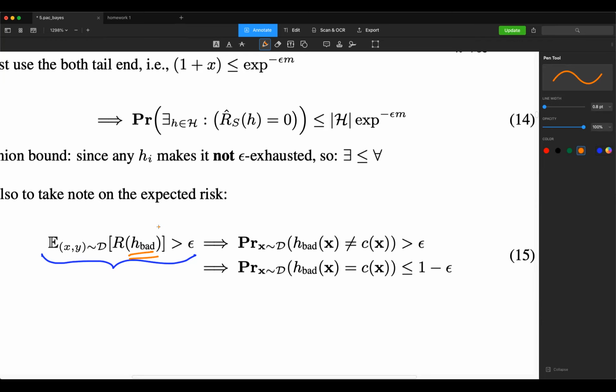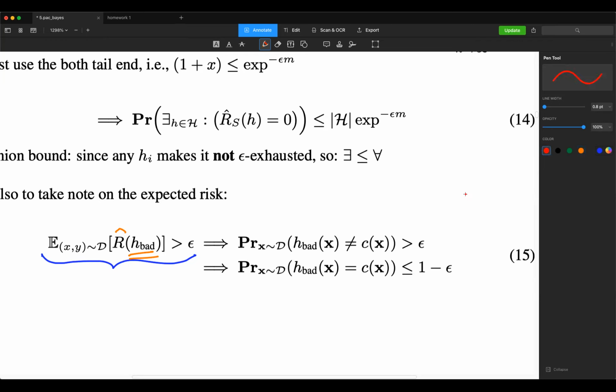Actually, I made a mistake in this notation here. Can anyone see it? That should be an expected risk, and that should be empirical. The whole thing is the expected risk, but the things inside the expectation have to be the empirical risk.